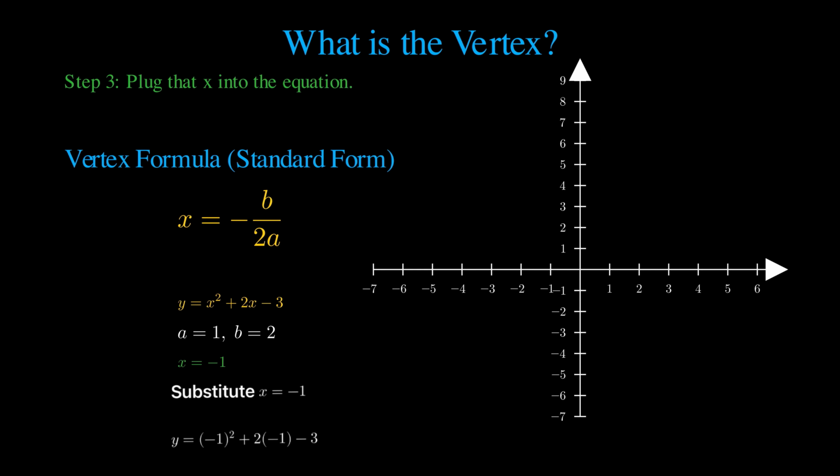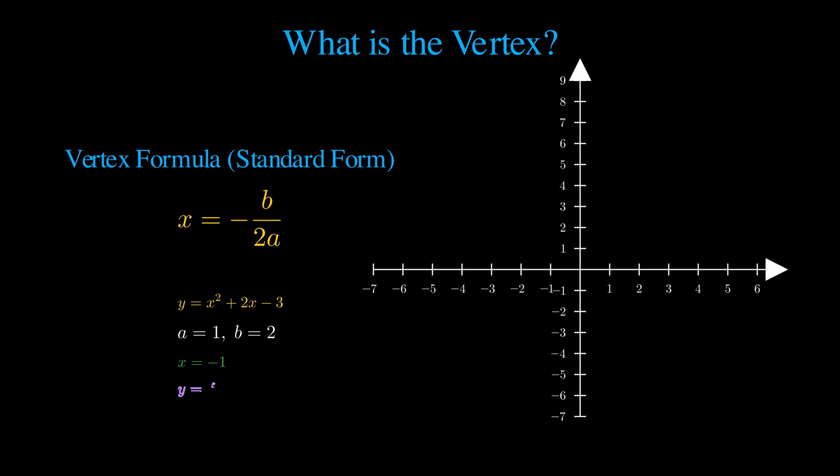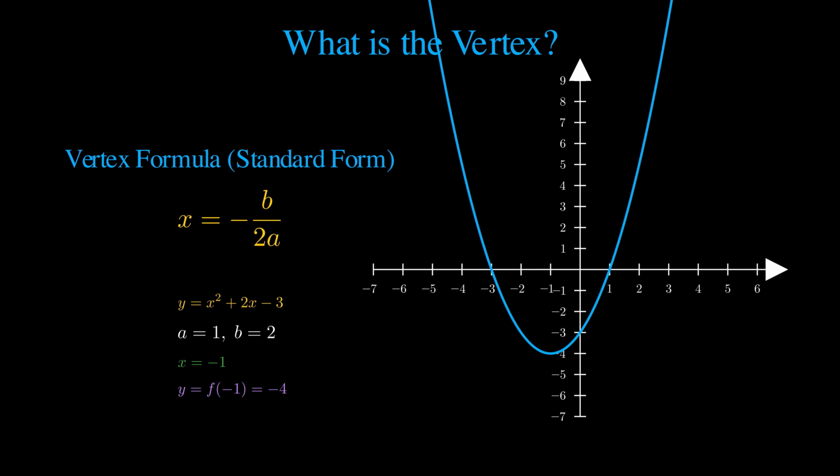Now we plug x equals negative 1 into the equation. When we calculate, y equals negative 4. So the vertex is at negative 1, negative 4.